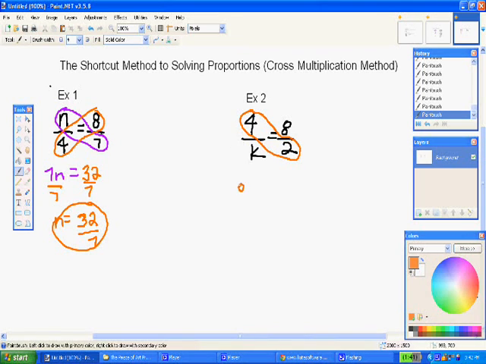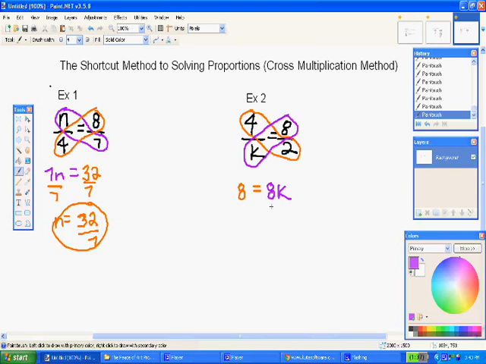So 4 times 2 is 8 equals, and you do the same thing on the other side. Top numerator times the denominator of the other side. So we have k times 8, which is equal to 8k.